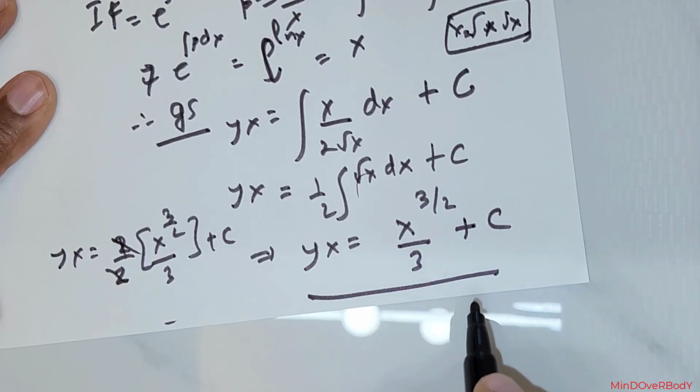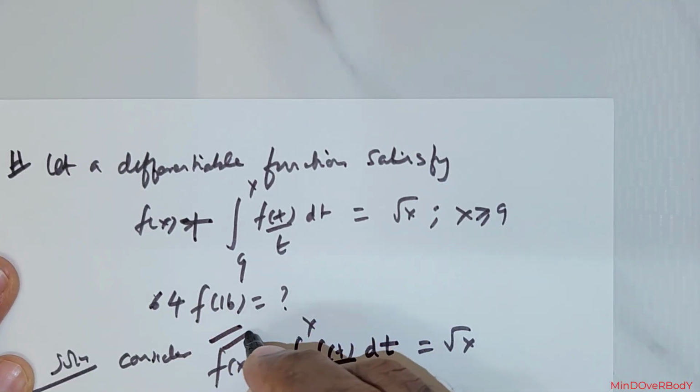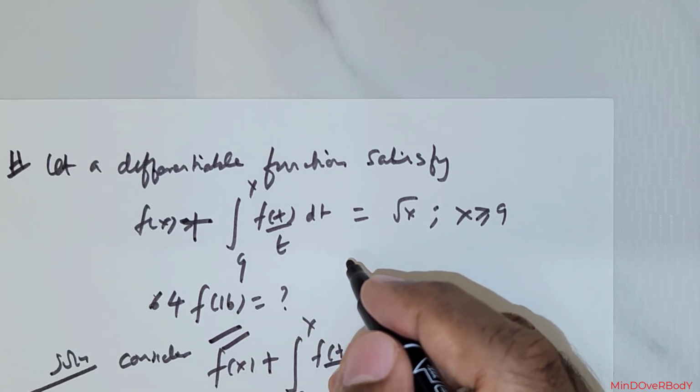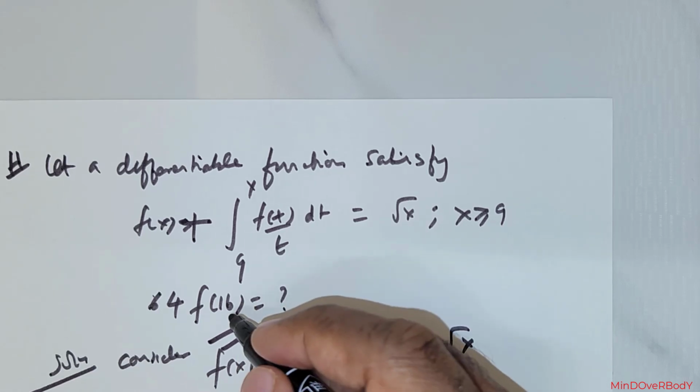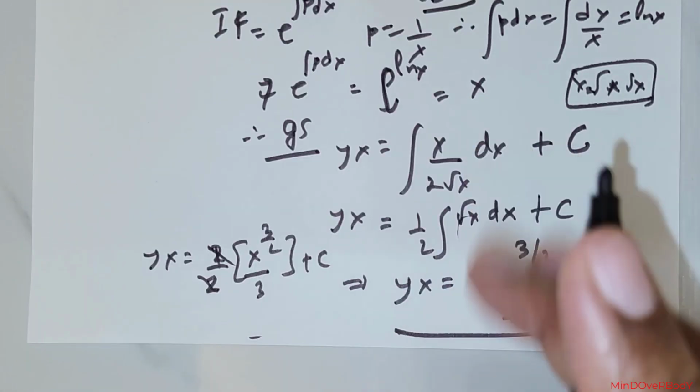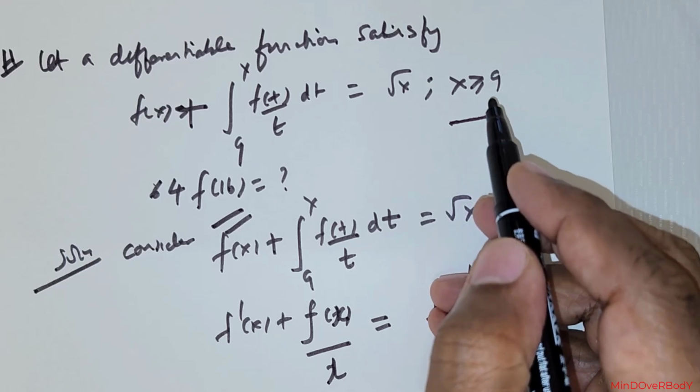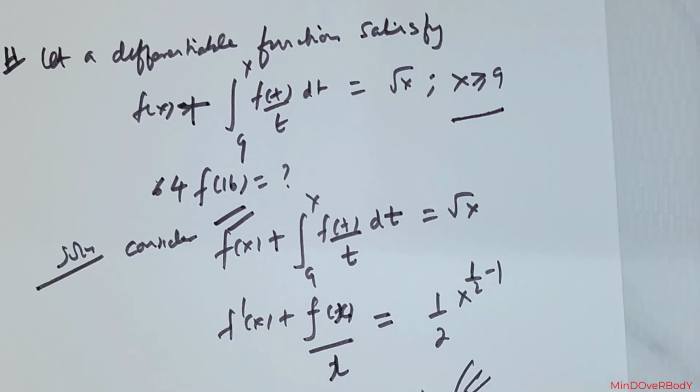Now we are expected to get the value for f of 16. Okay. Now to get the value of f of 16, we have to get rid of this constant. Now the condition we are going to utilize is x is equal to 9.